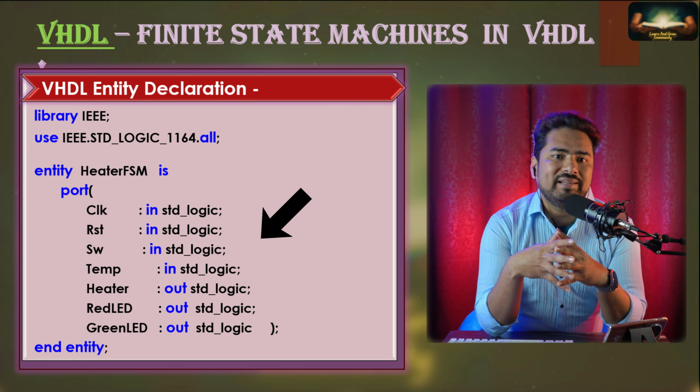So our VHDL code for this section is: architecture behave of heater FSM is, type FSM state type is (idle, heating, ready); signal state: FSM state type; begin.